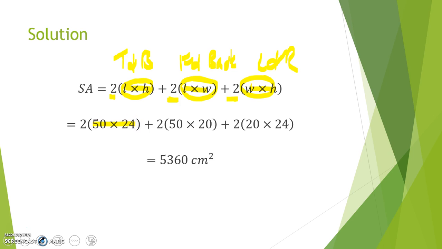There's the top and bottom, front and back, left and right. We multiply them together and add each of those to give 5,360. It is possible to work out area 1, area 2, area 3 separately. So that goes there, that one goes there, that one goes there, and then add up all the corresponding sides if you like.